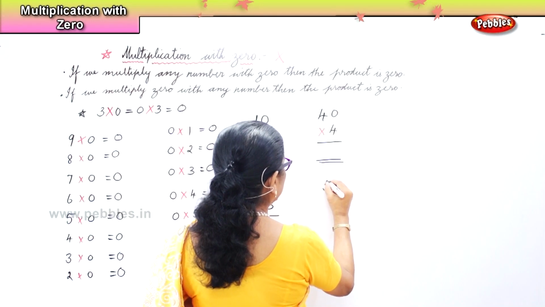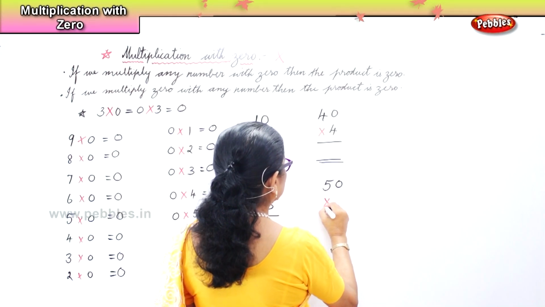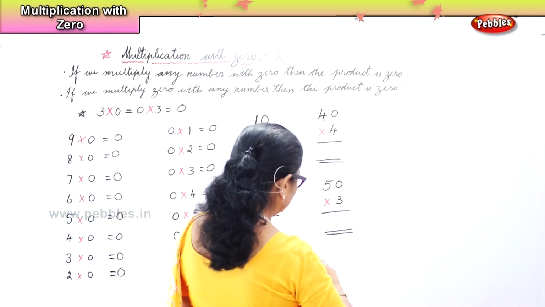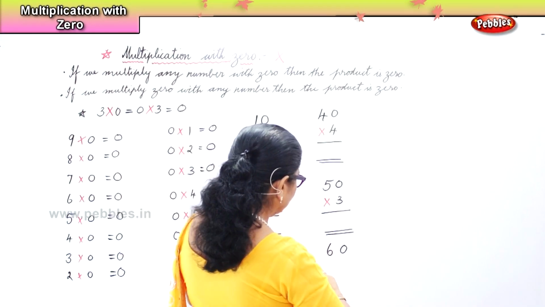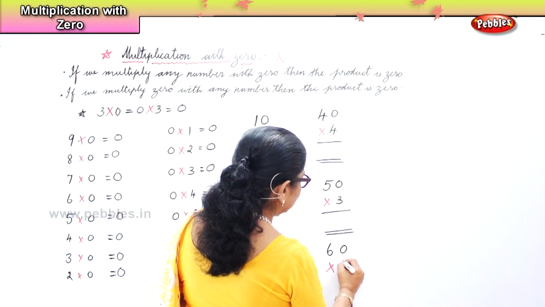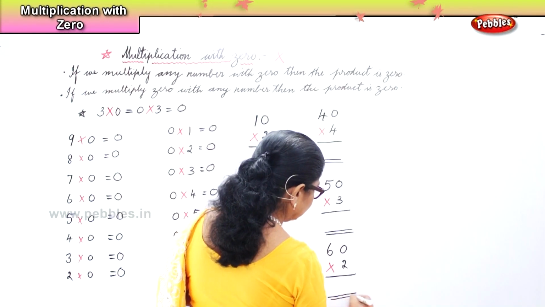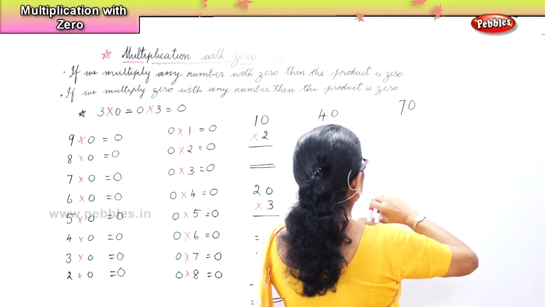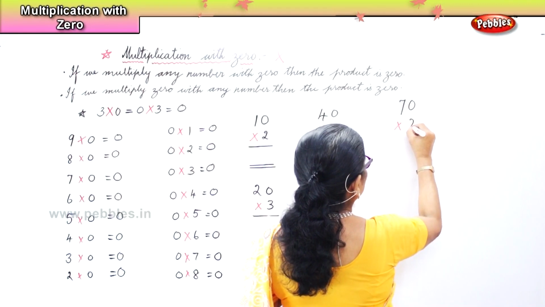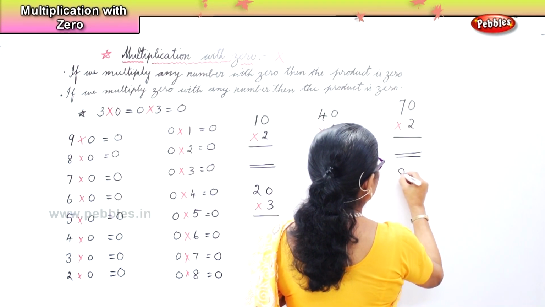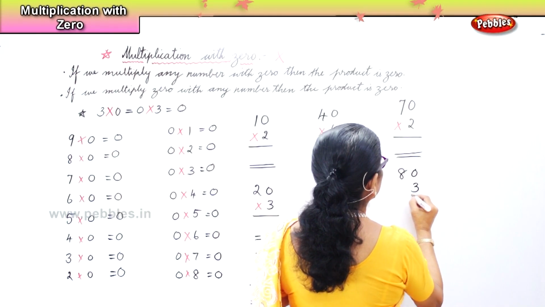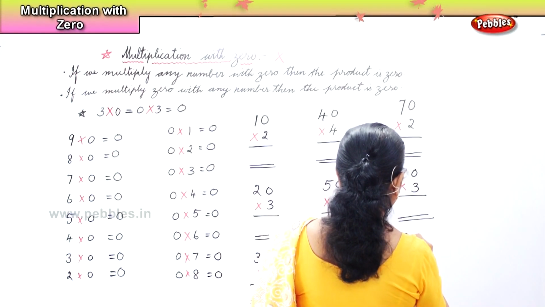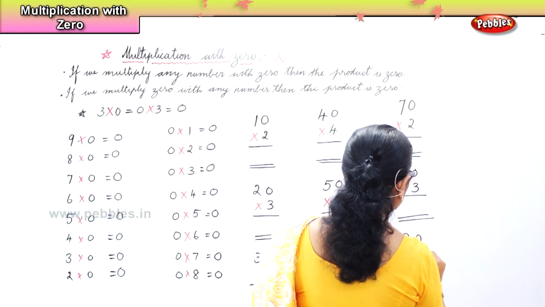So let's say 50 into 3. 60 into 2. 70 into 2. 80 into 3. 90 into 2.